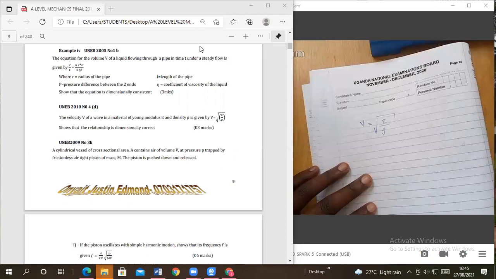I will send it direct to your WhatsApp number. Once you submit this work, I will be able to see your WhatsApp number, and then I forward the question to you.